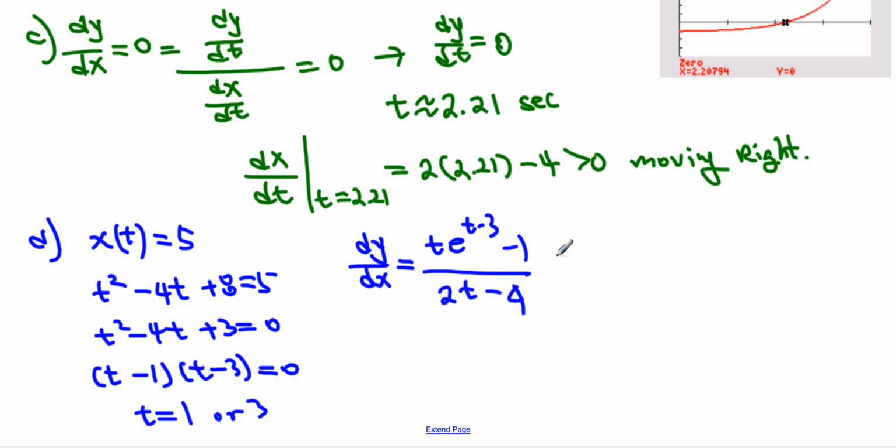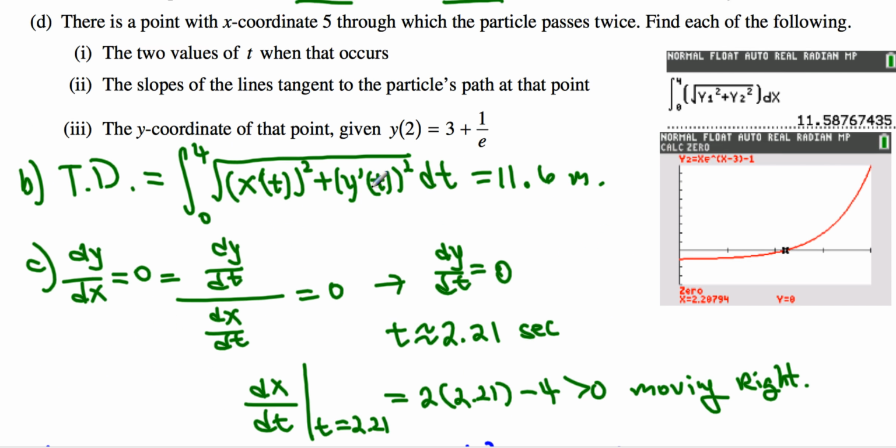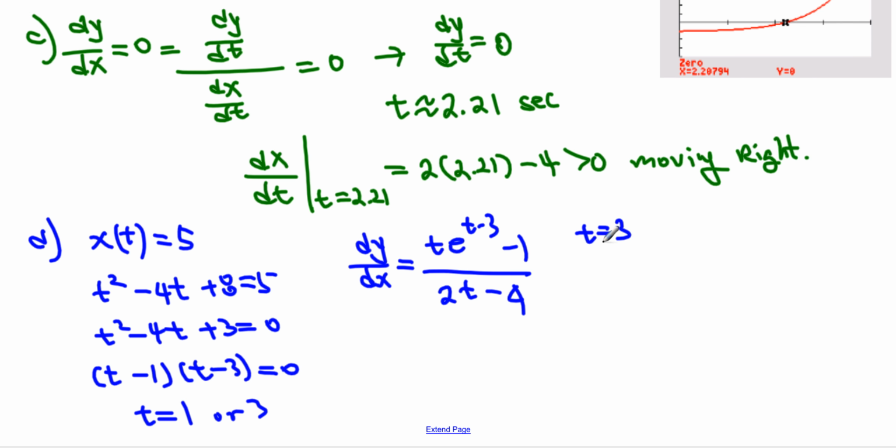So when I plug in 3, when t is equal to 3, this becomes 0.